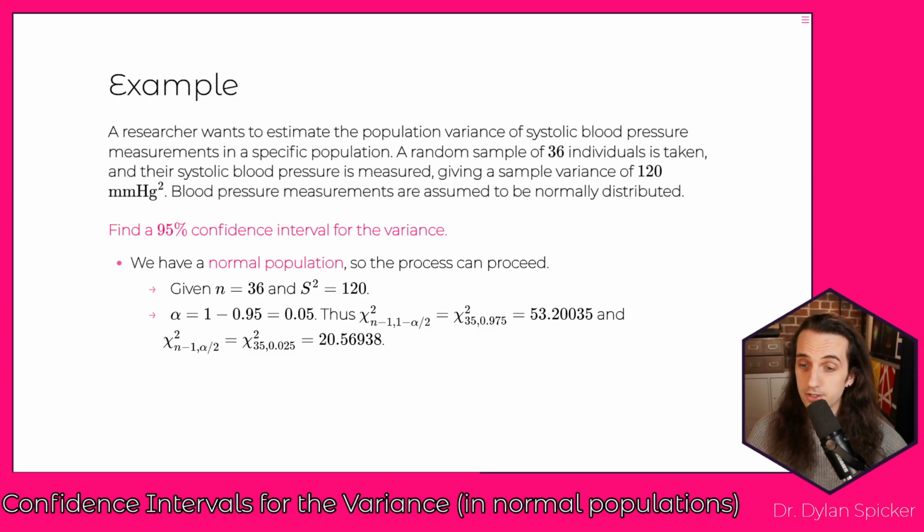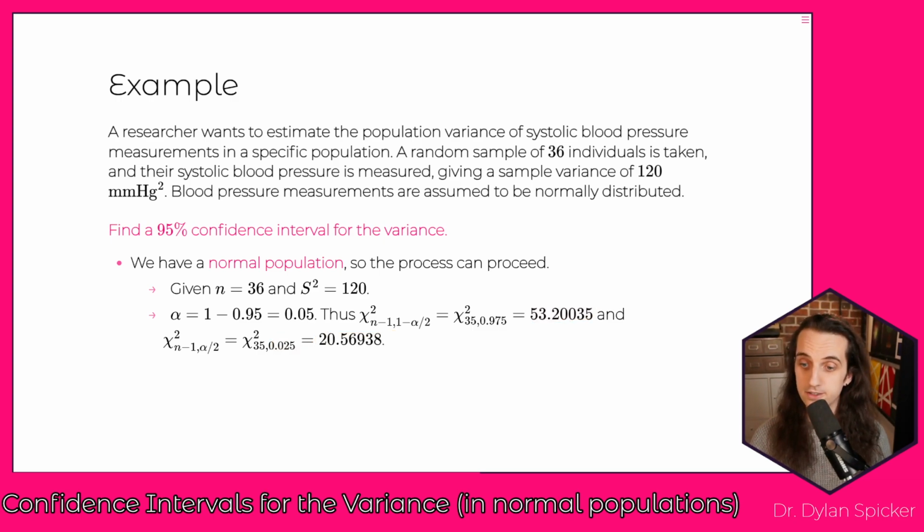The critical values for 0.05 as alpha: we need chi-squared n minus 1 at 1 minus alpha over 2, and we can get that as 53.20035. And we also need chi-squared n minus 1 at alpha over 2, which is 0.025, which gives us 20.56938 and change.